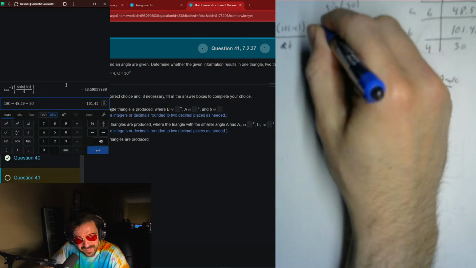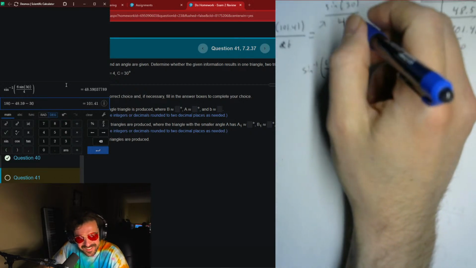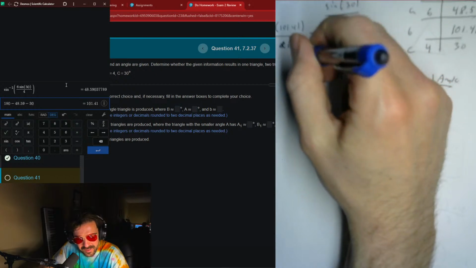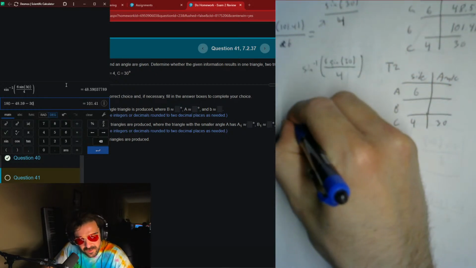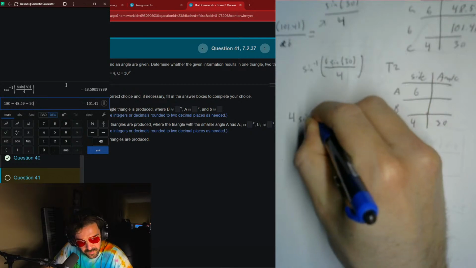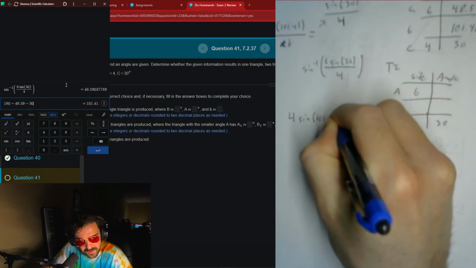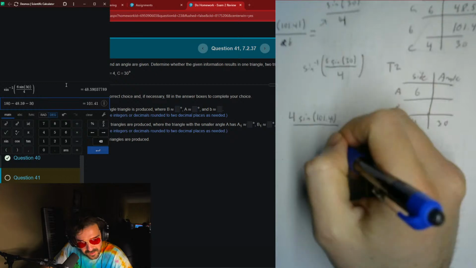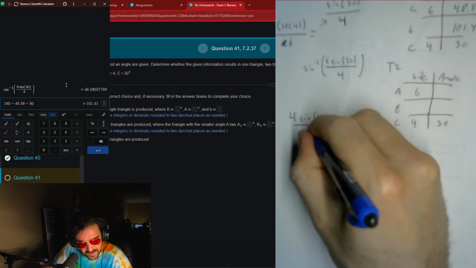We put 4 over here, so that would give us 4 sine 101.41 over sine 30.